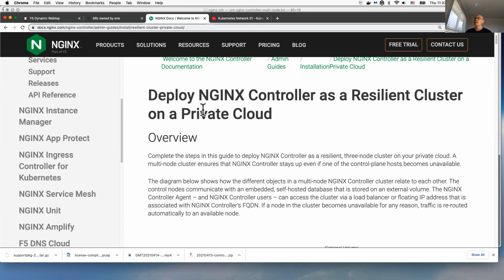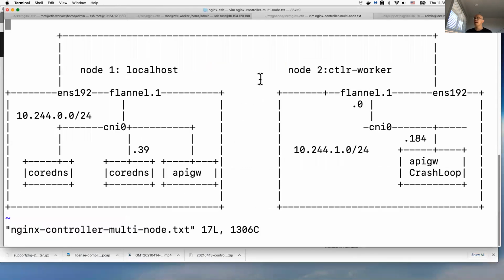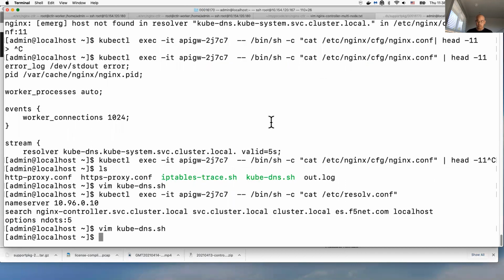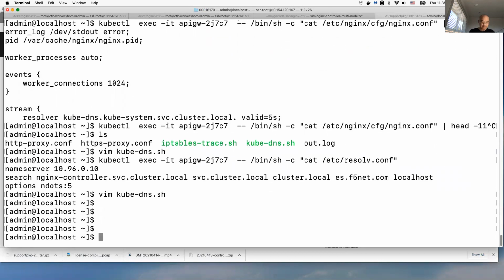This is a link to explain the nginx controller in a multi-node Kubernetes cluster. I already deployed that in my lab. So here is my lab.